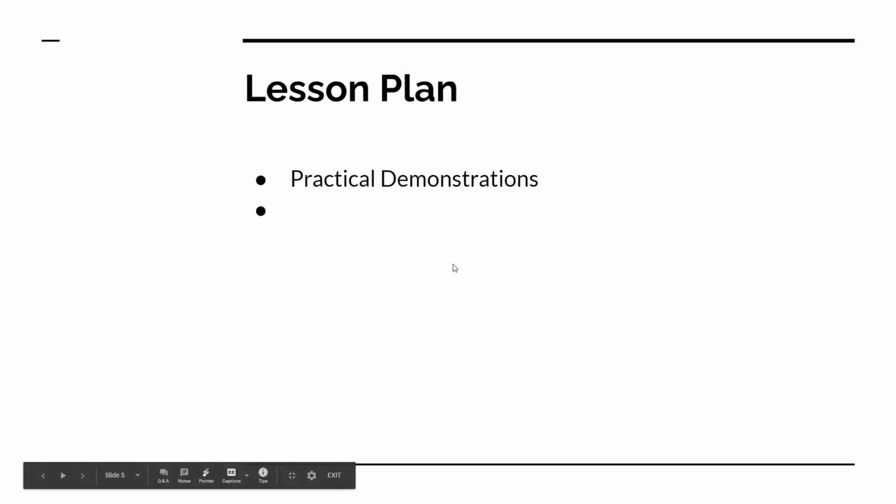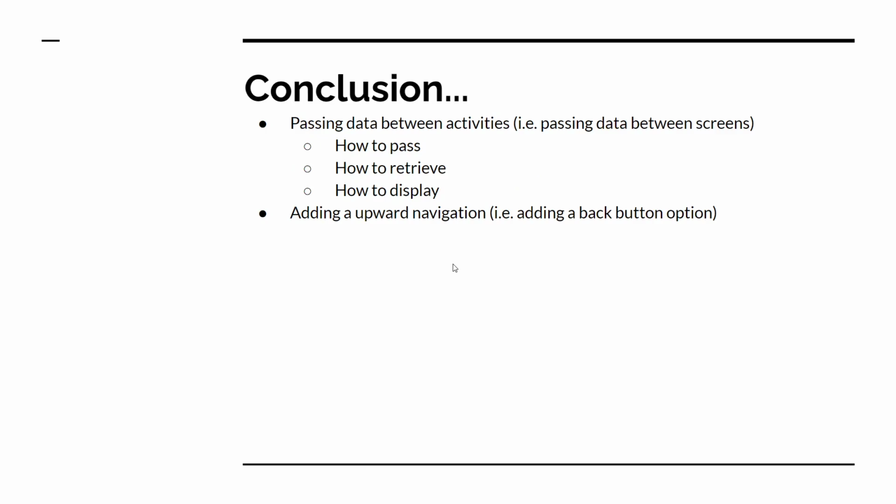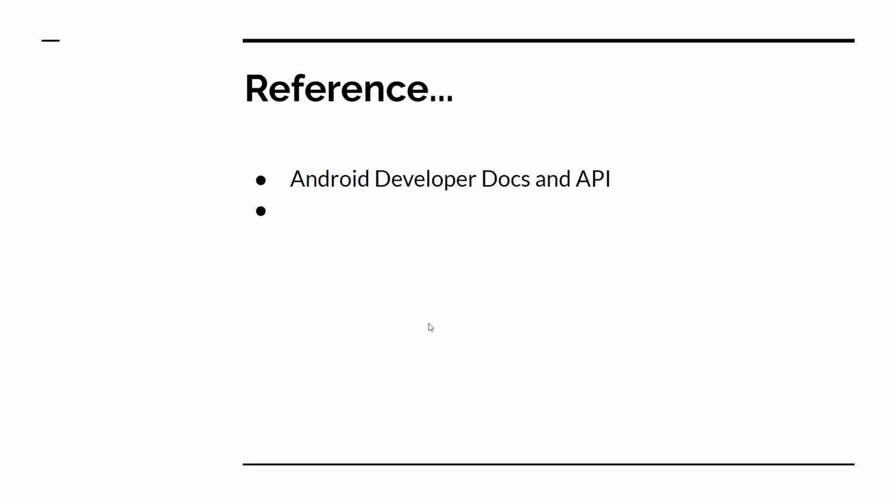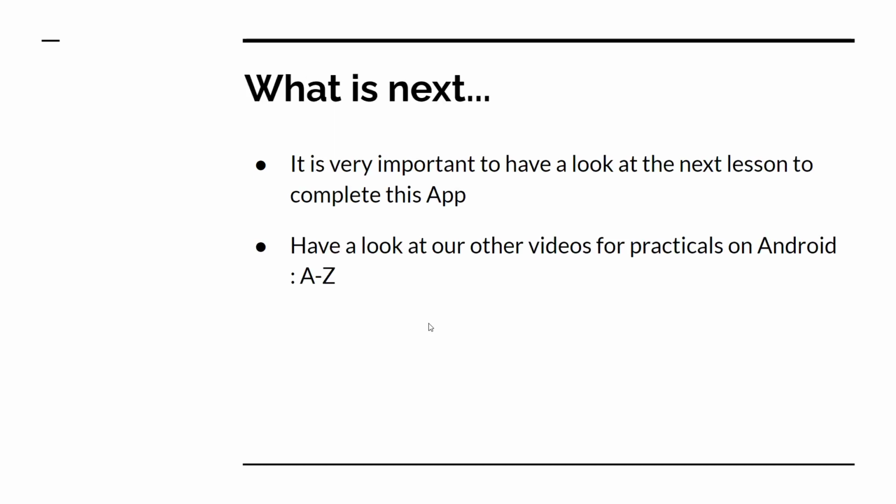So we completed the practical demonstrations for this session, and the conclusion is that you learned about passing data between activities, how to pass, how to retrieve, how to display, and add the upward navigation. Reference was Android Developer Docs and API. And what's next?